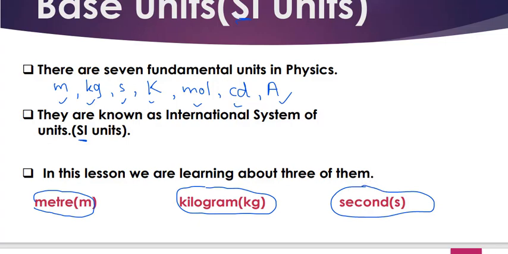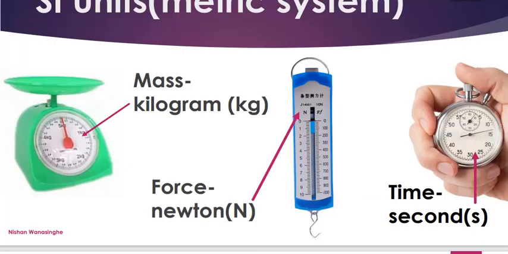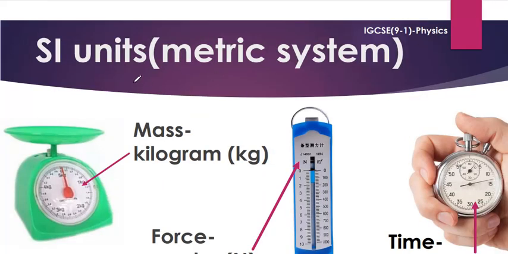So these are the instruments we use to measure SI base units. Sometimes this SI base unit system, we call it the metric system. SI units are included in the metric system and some other units are there too. We'll check that later.